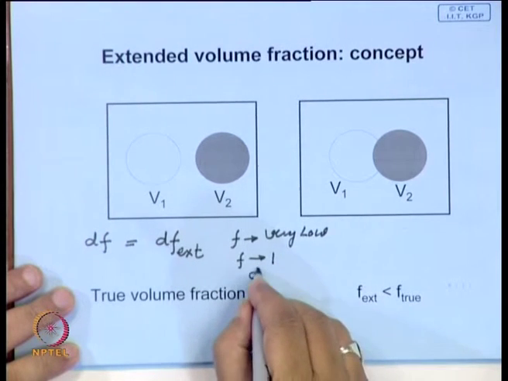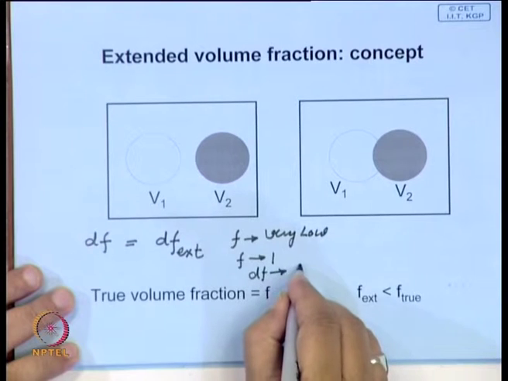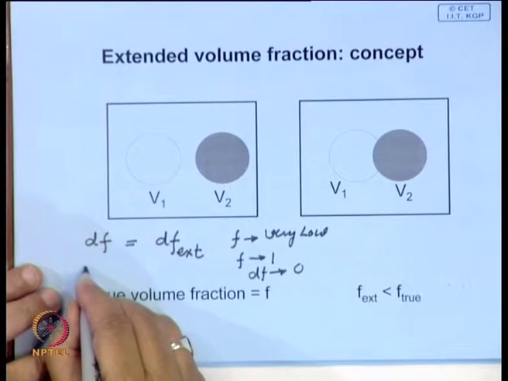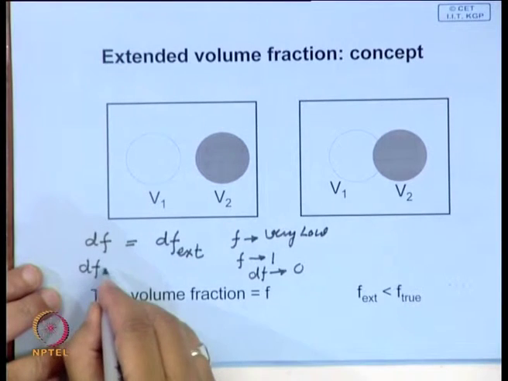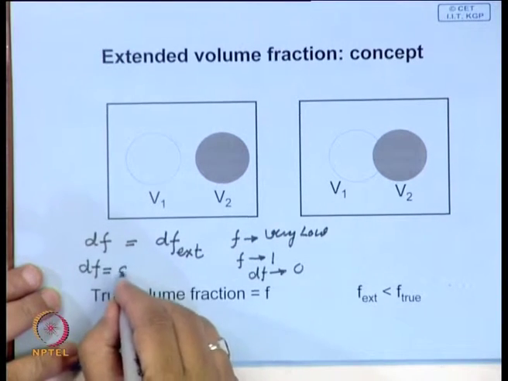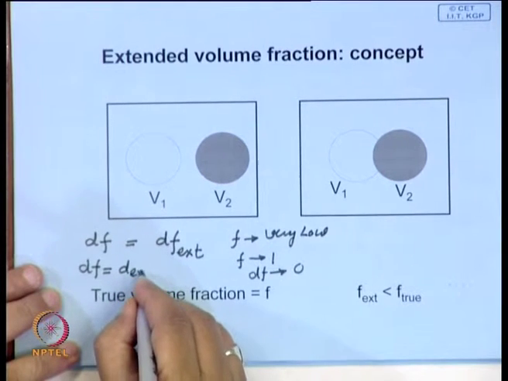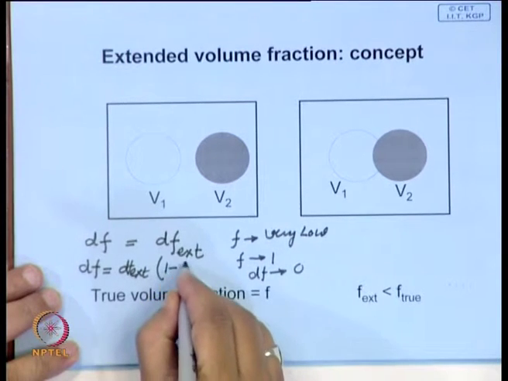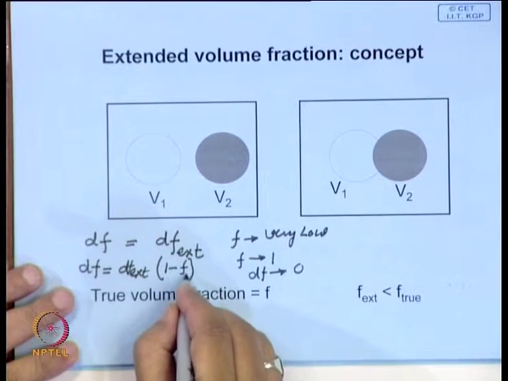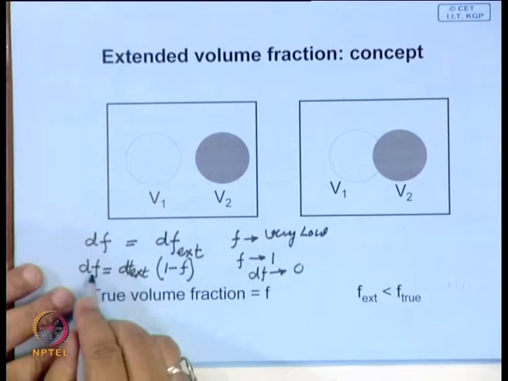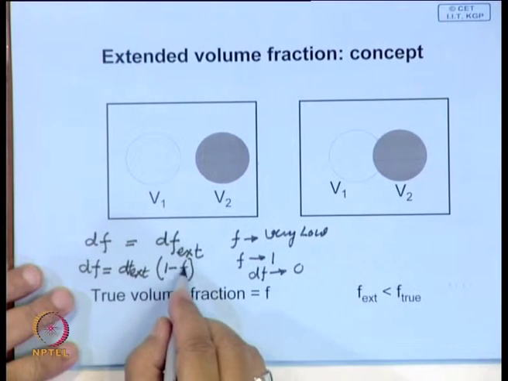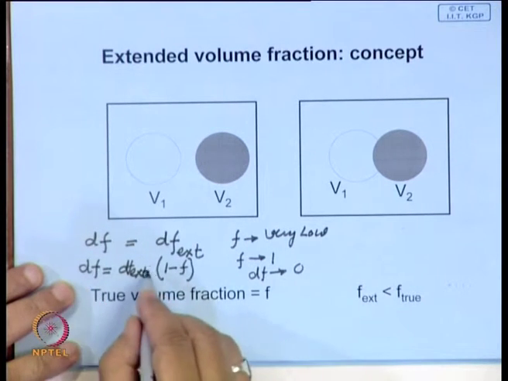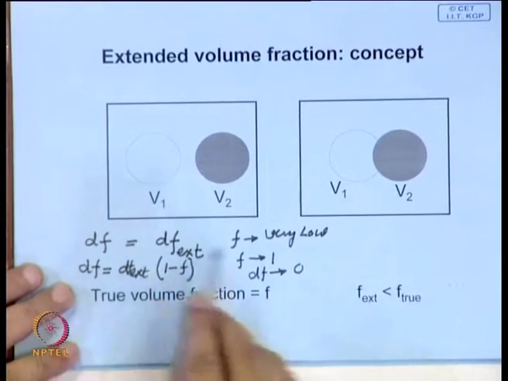So, df should tend to 0. One relationship that becomes obvious is that df is likely to be given by f times d of the extended volume fraction, times 1 minus f. If you put f as 0, both are equal, whereas when f is approaching 1, you see there is a large difference between the two. So, this is approaching 0.